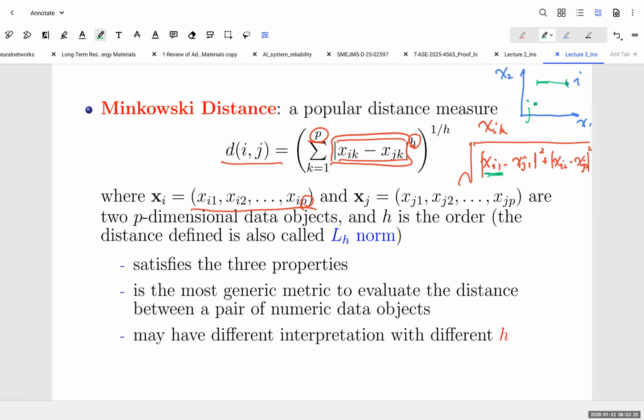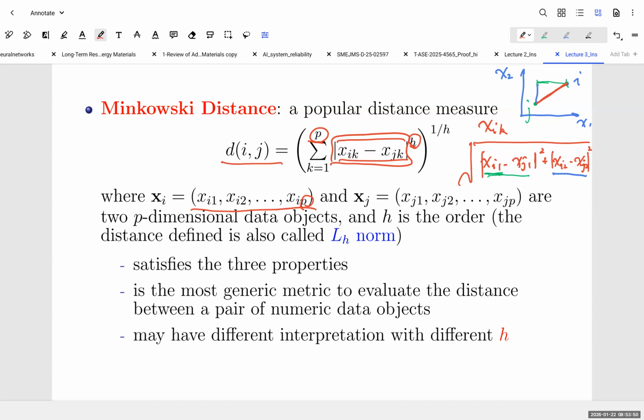And with respect to the second variable, quantitative numerical variable, xi2 minus xj2, that's this distance. And square them together, and add them up together, we got what?